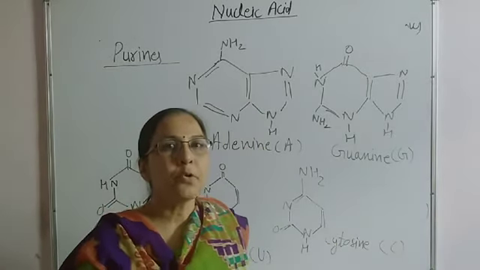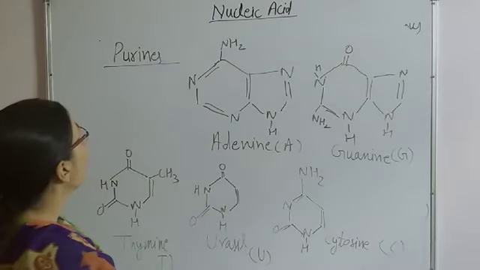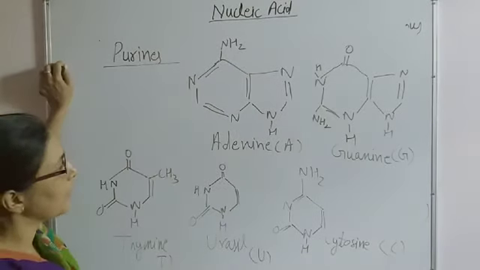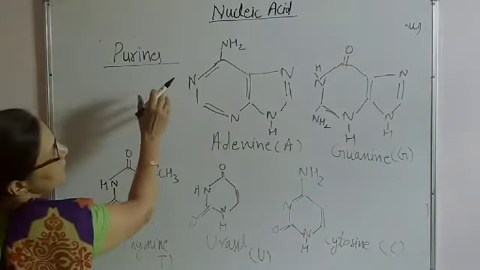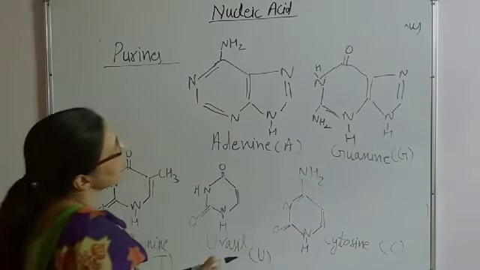There are two types of nitrogenous bases: purine type bases and pyrimidine type bases. In the purine type bases there are two: adenine and guanine.